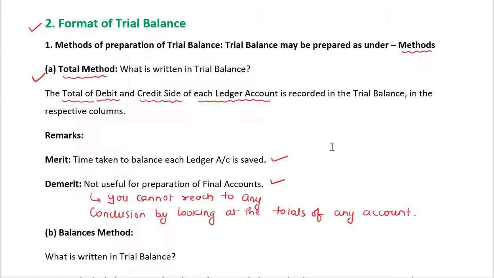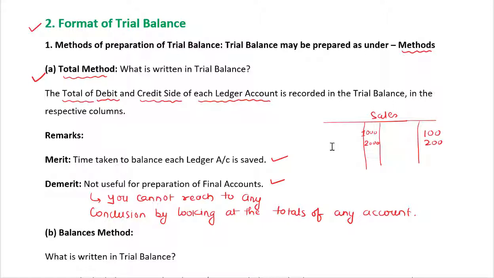My dear students, let me try to guide you and make you understand this point. Supposing this is a ledger. On the debit side of sales you had written 1000, 2000, and on the credit side you had written 100 and 200.